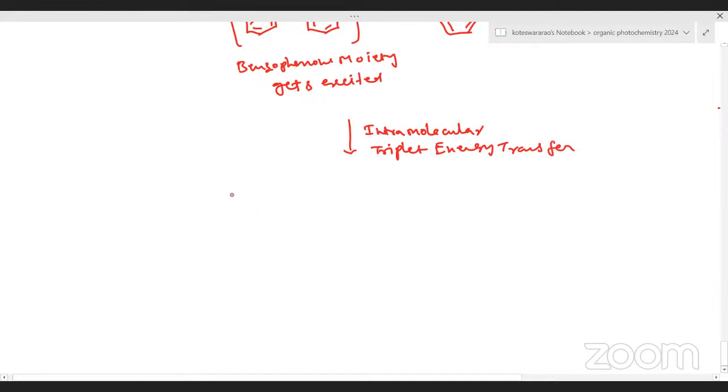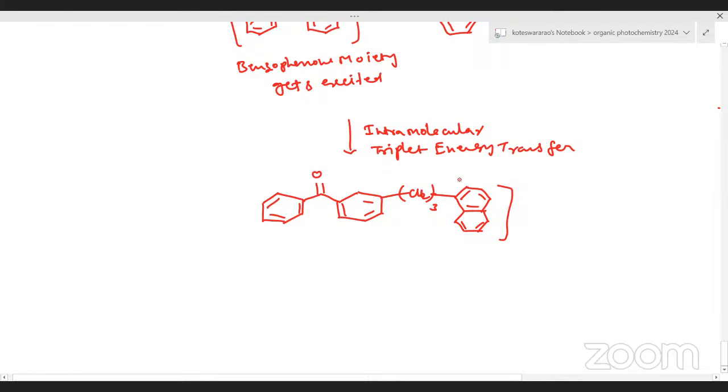Right. Then what's happening? Look at here. Intramolecular triplet energy transfer involving only this part will be excited by gaining the transferred energy from the benzophenone to naphthalene.